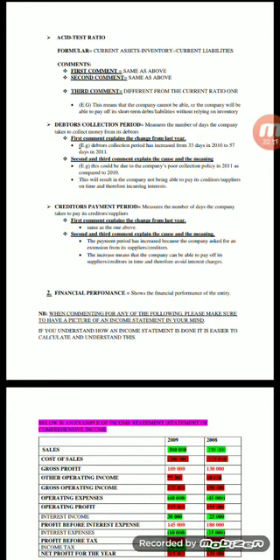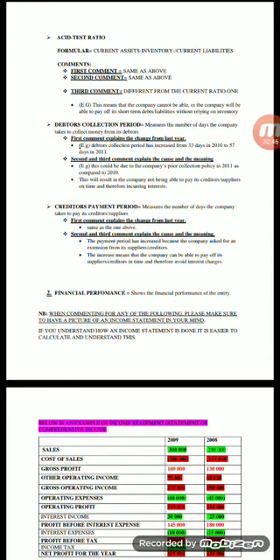So the creditors payment period, when it increases, it's good because it means you have more time now to pay your suppliers. But the debtors collection period, when it goes up, it's not good, it's bad, because it means you are taking too many days or too much time to get your money back. Please get that. Debtors collection period, you want it to decrease rather than increase.